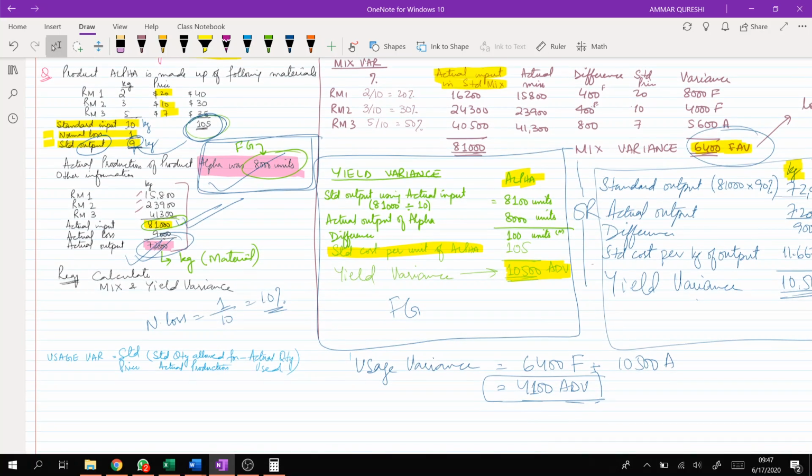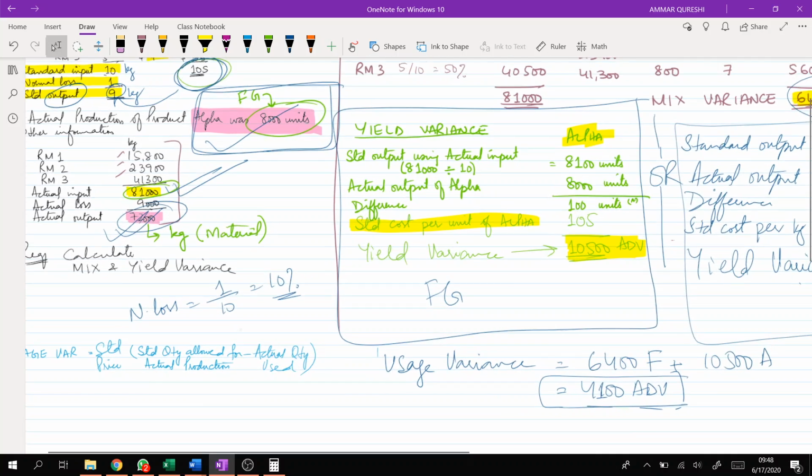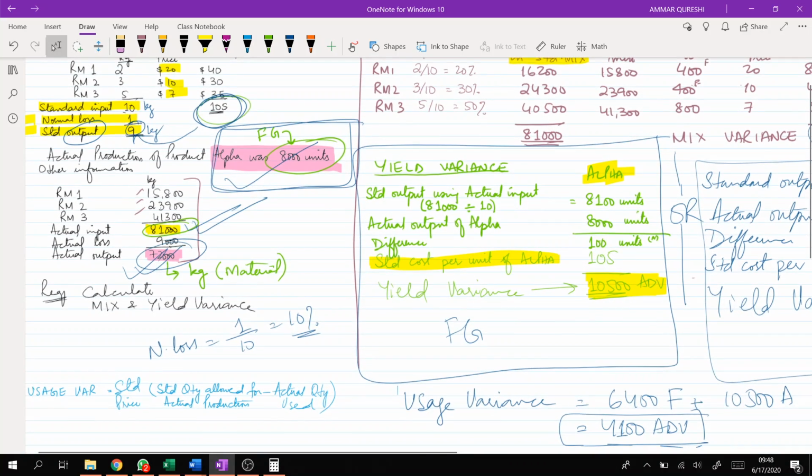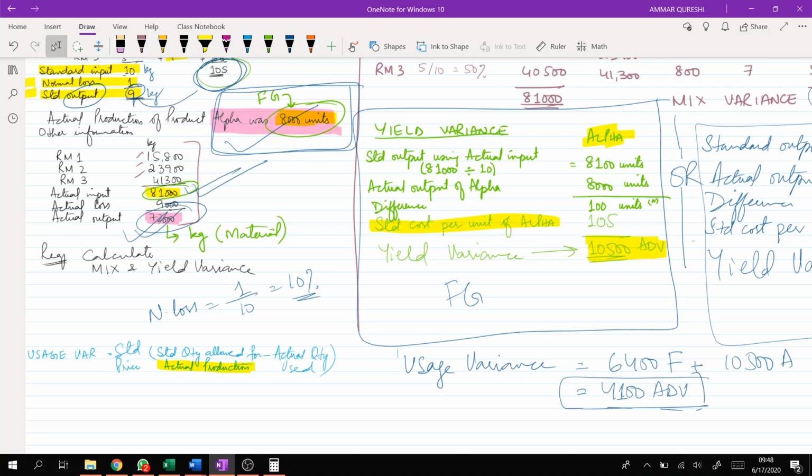Let's try to apply the same formula in this question. See, standard quantity allowed for actual production. Try to understand this statement. First of all, you need to understand what the actual production is. Actual production is 8,000 units. So how will you calculate this? This is for raw material 1.